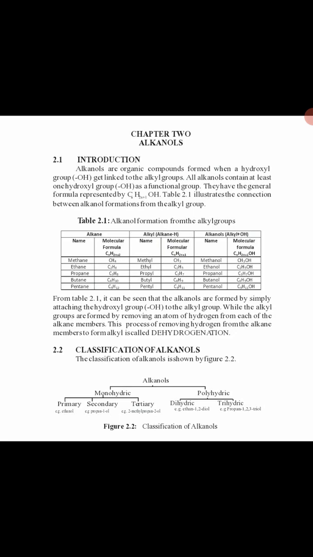They are formed from an alkane group when a hydrogen atom is removed from the alkane group.